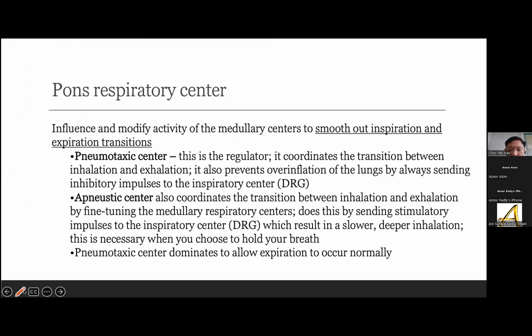So it prevents lung overinflation and prevents pneumothorax. The apneustic center is a very interesting center whereby it coordinates the transition between inhalation and exhalation by fine-tuning the other center. So the impulses will result in slower and deeper inhalation, especially when we are holding our breath.